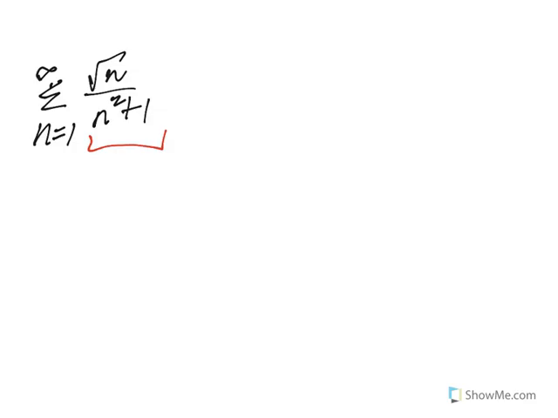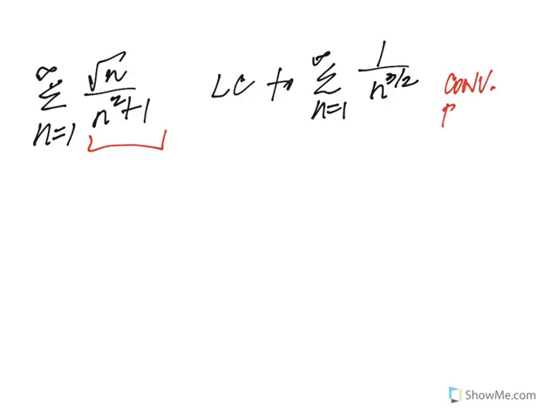So if it's close to a p-series, I'm going to compare it to what it boils down to, which is the sum from 1 to infinity of 1 over n to the 3 halves. That is n to the 1 half on the top, n squared on the bottom. That is n to the 4 halves on the bottom. Subtract them: 1 over n to the 3 halves. I know for a fact that 1 over n to the 3 halves is a convergent p-series.